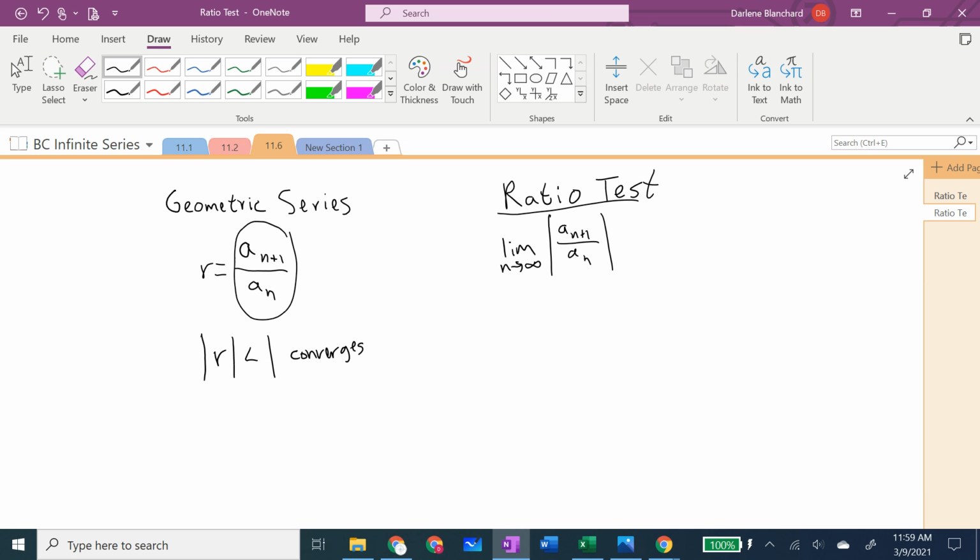It's not exactly a geometric series, but it's behaving close to it. And if the absolute value of that ratio is heading to a number that is less than 1, it is behaving like a geometric series and it converges.